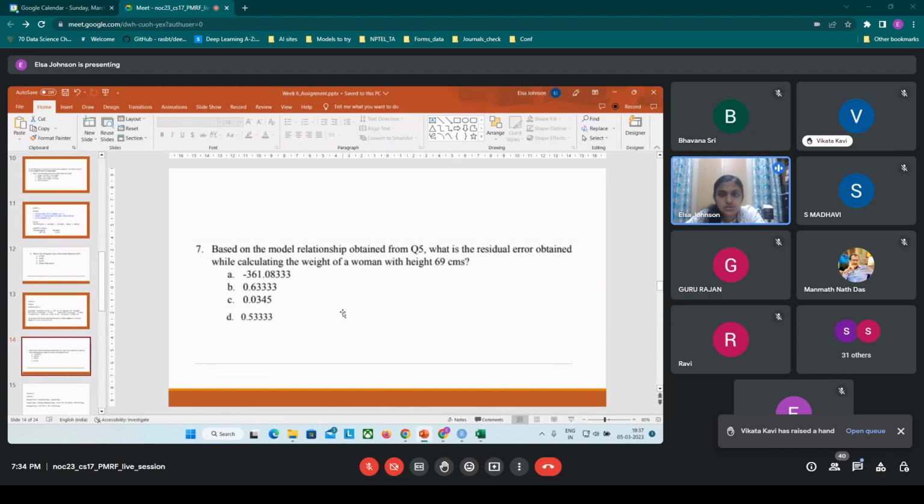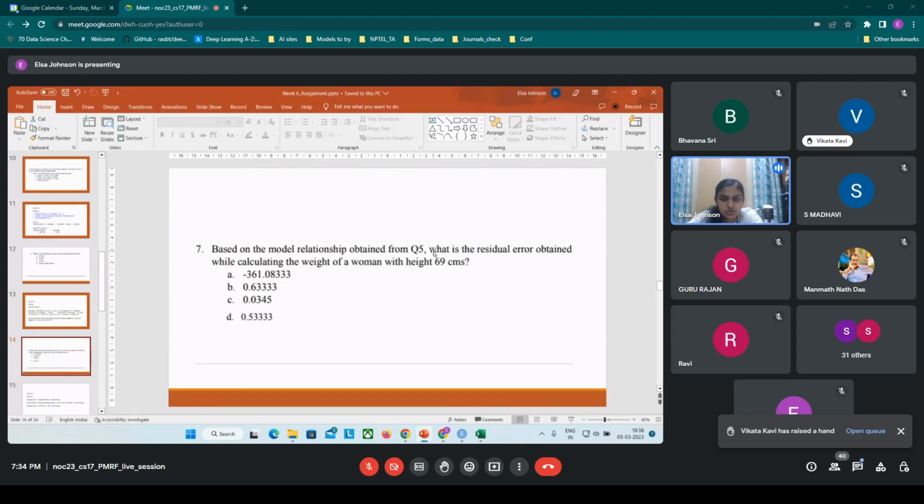Based on the model relationship obtained from Q5, what is the residual error obtained while calculating the weight of a woman with height 69 centimeters? This you have to calculate. I'll show you with the equation once and then you can see it in the R Studio implementation.